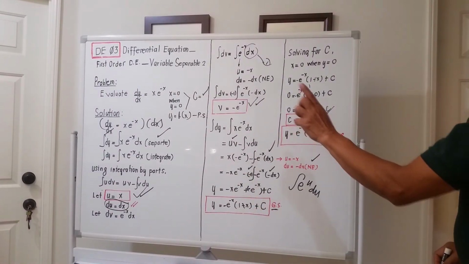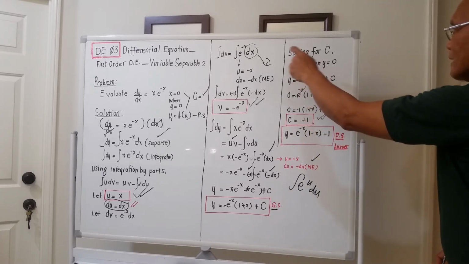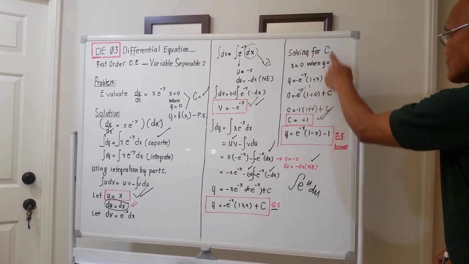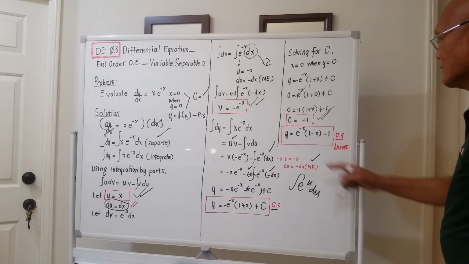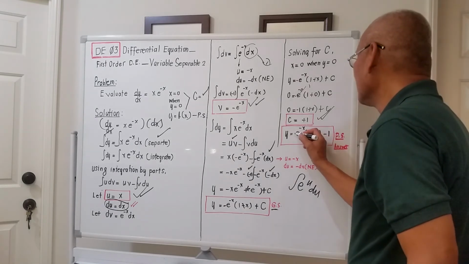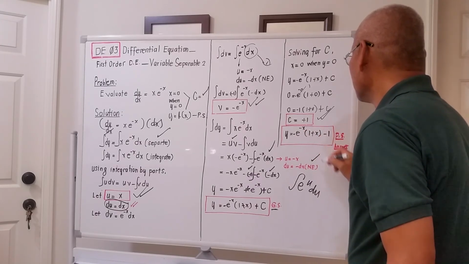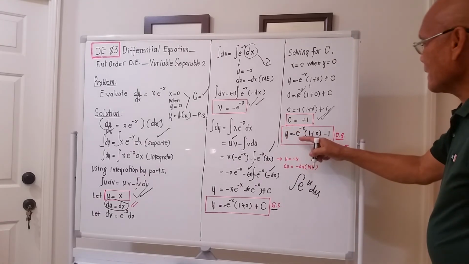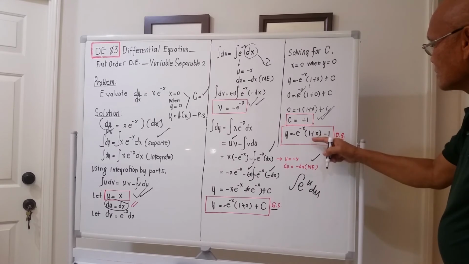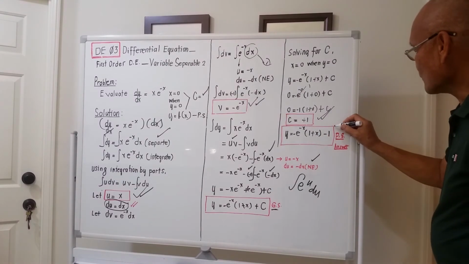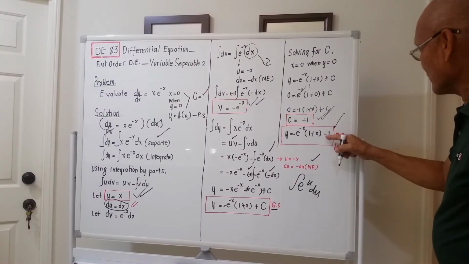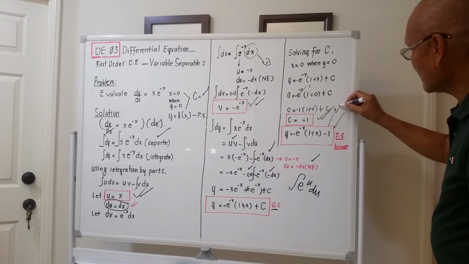And for the particular solution now, we'll go back to this. We will substitute the computed value of c. So y now will be negative e to the negative x times the quantity 1 plus x minus 1.